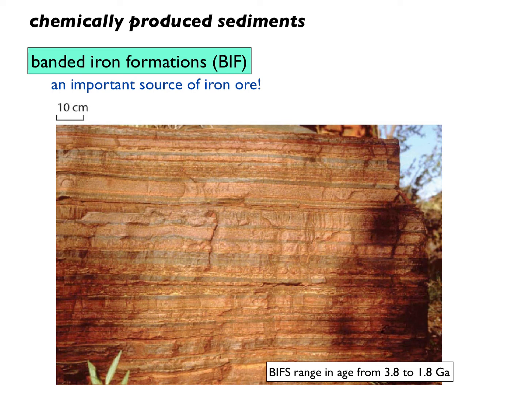What's interesting about them from like a broader geologic or tectonic context is that we only find them on planet Earth between about 3.8 and 1.8 billion years ago. So planet Earth has not made banded iron formations for the last 1.8 billion years. There are some ideas around this, but probably what happened was that the Earth in general became too oxygenated.